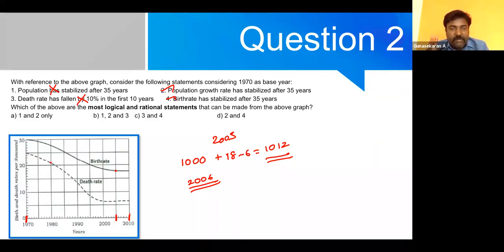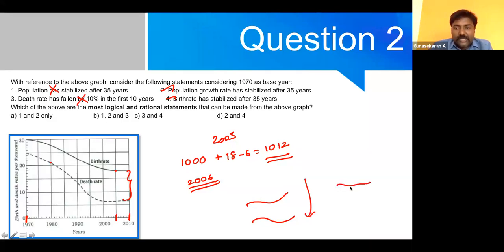Every year in India, population is increasing, even though birth rate and death rate are stabilized. That's the meaning. Understand? Every year population is increasing because of this gap. Only if death rate is above and birth rate down will the population get reduced. That's the only way. Or otherwise, if birth rate and death rate are the same, then also it is possible.